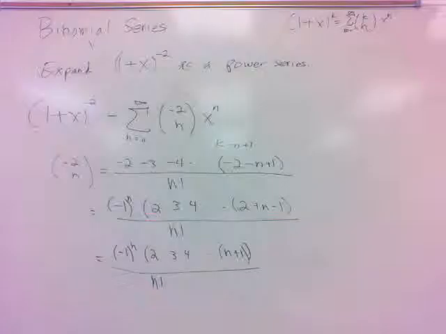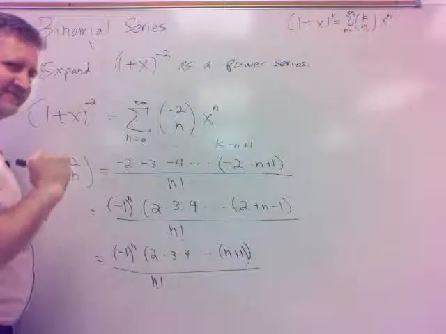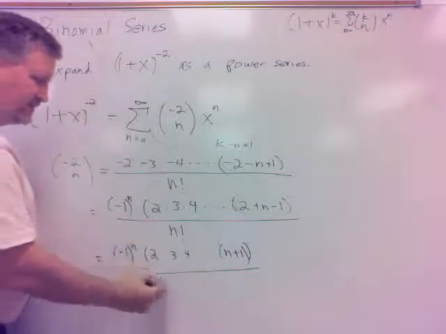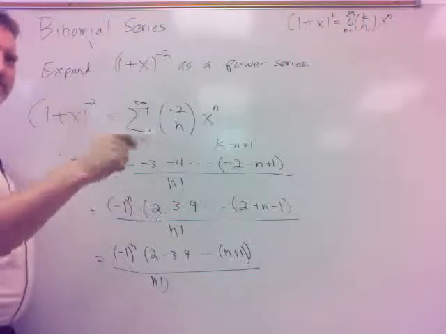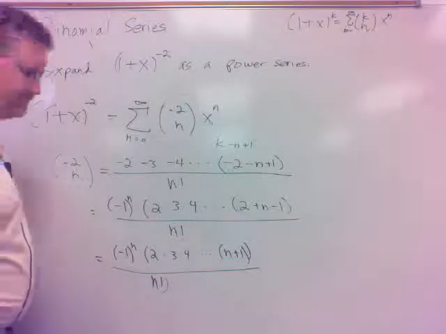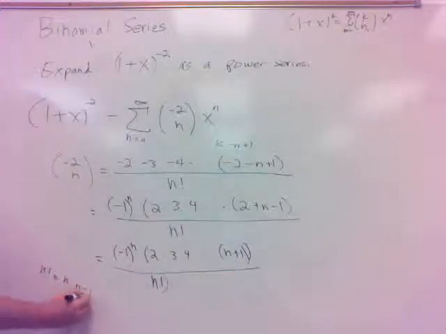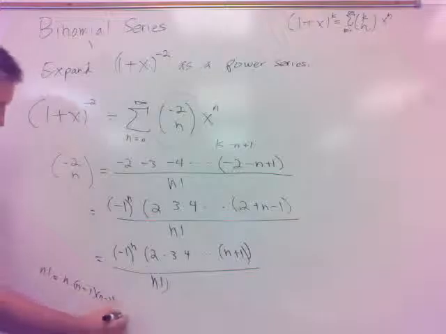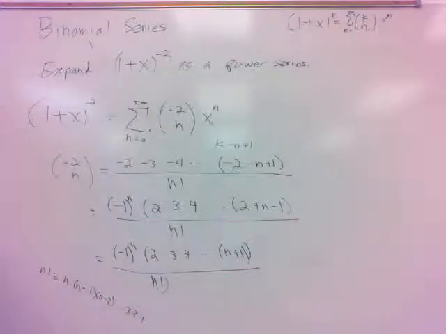Okay, pretty good answer. However, let's examine a detail here. What is n factorial? That's n times n minus 1, until I get to 4, 3, 2, 1, right? That's what n factorial is.